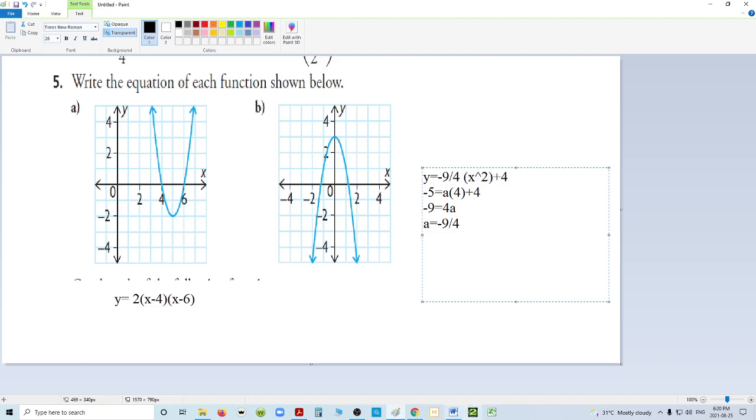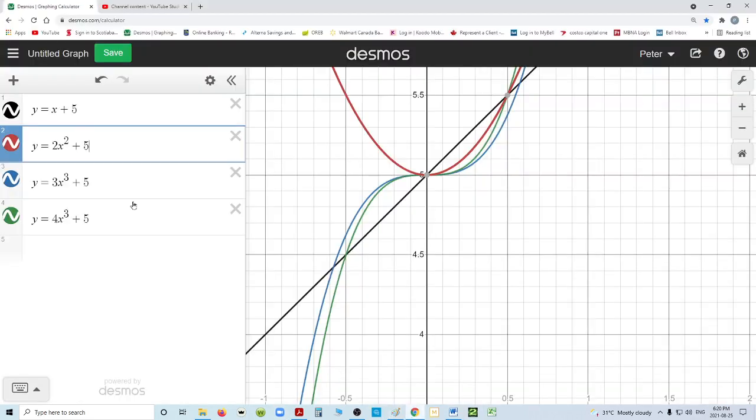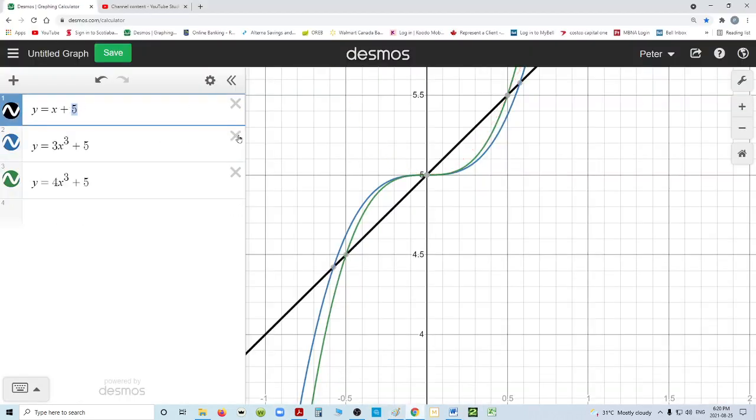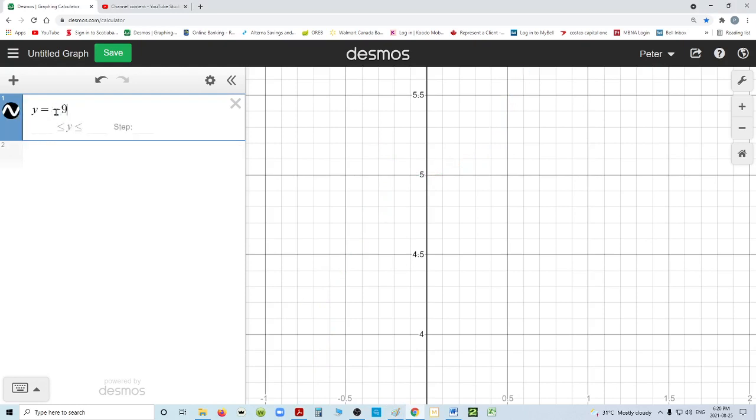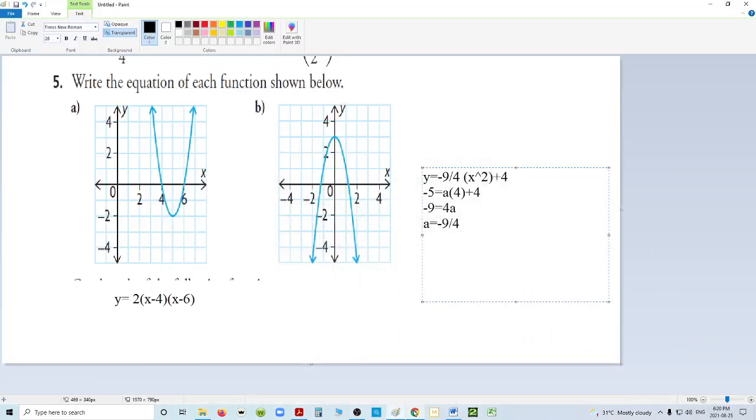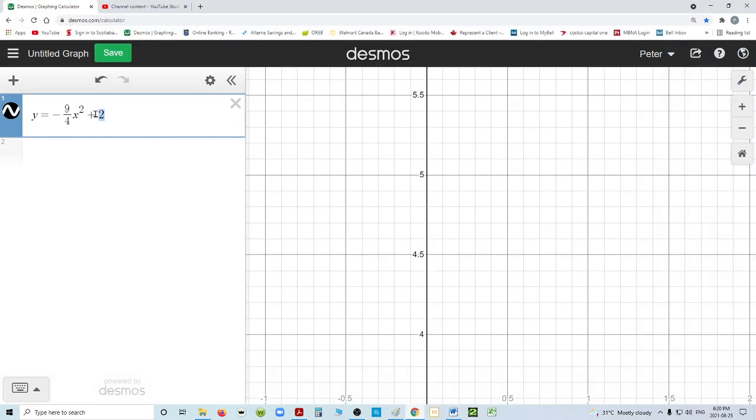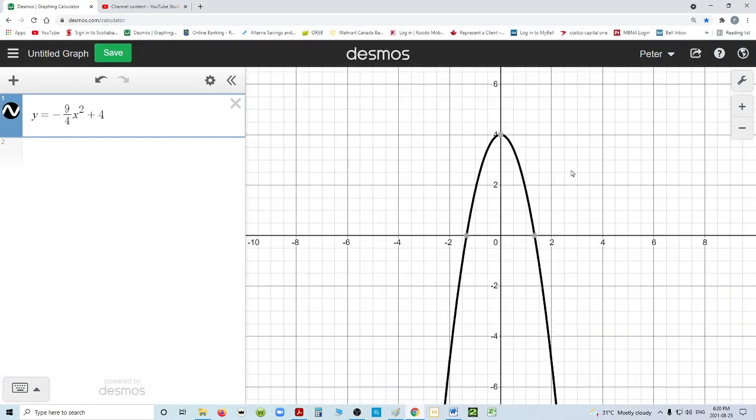And if I put that into Desmos, just got to make sure it was plus 4. It's plus 4. And when I go home, there we go. And you can see it's pretty accurate to the graph, I believe. Hang on.